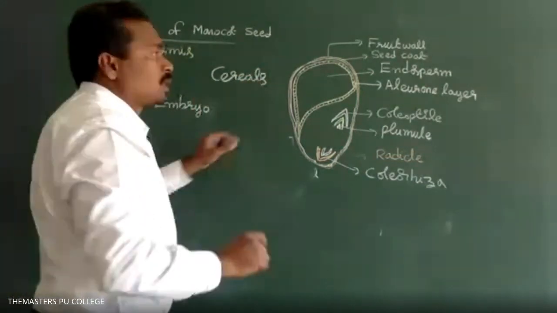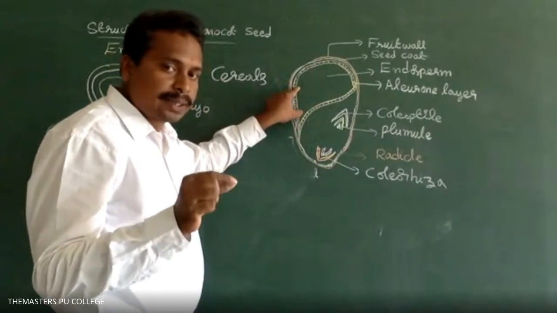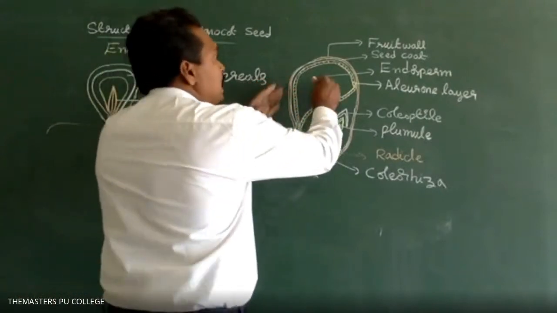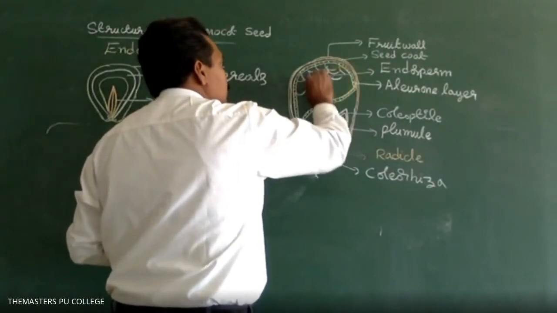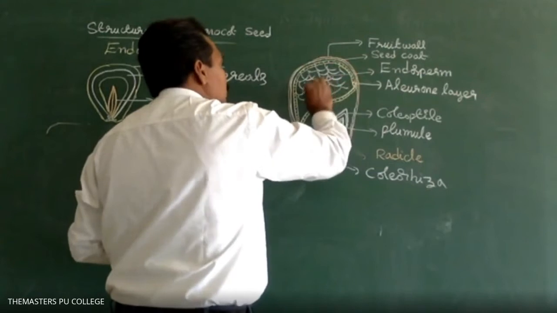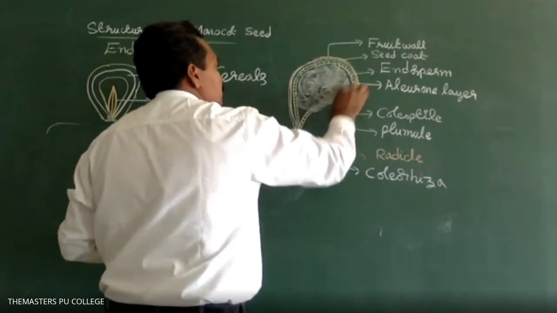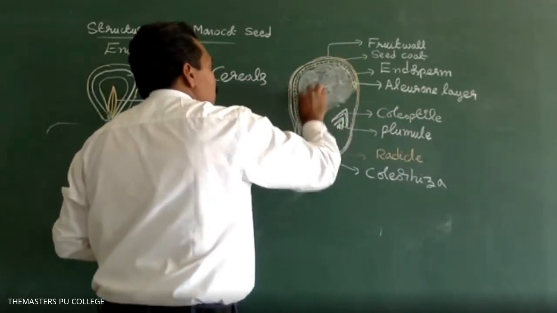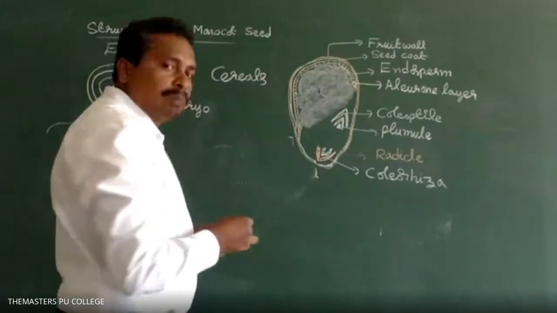In the majority of monocotyledonous plants, endosperm tissue is present, and it stores the food material. This is the major part, the endosperm tissue, which is bulky and stores the food material.